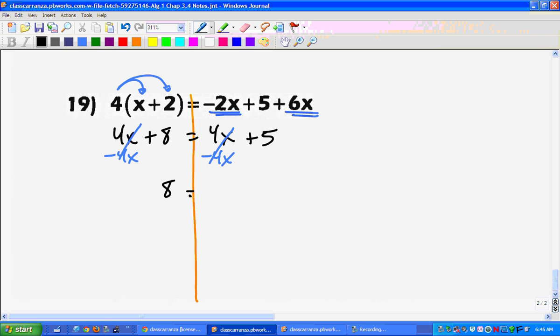Cancel the variables out. 8 equals 5. Ooh, does 8 equal 5? So this is what we talked about earlier in the week. That is no solution.